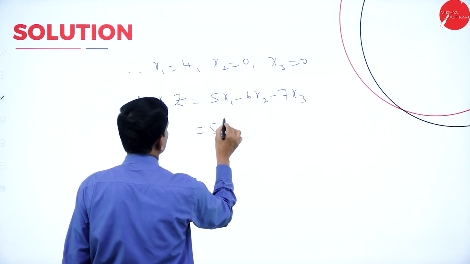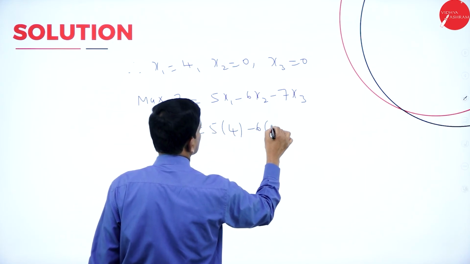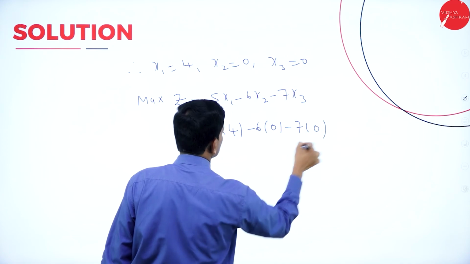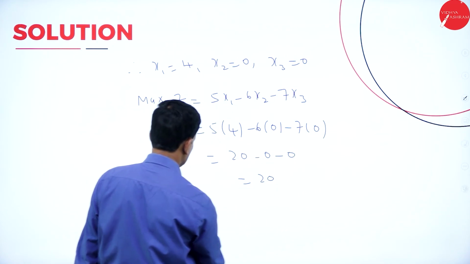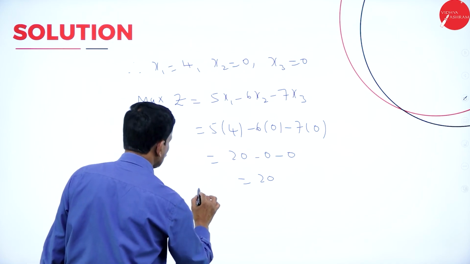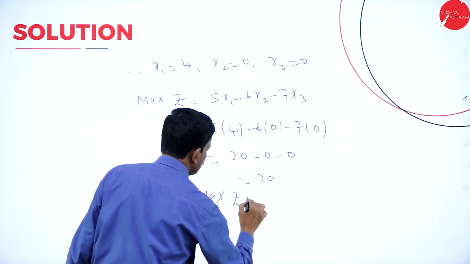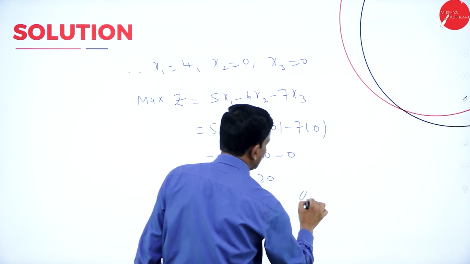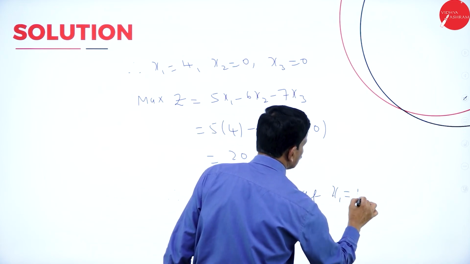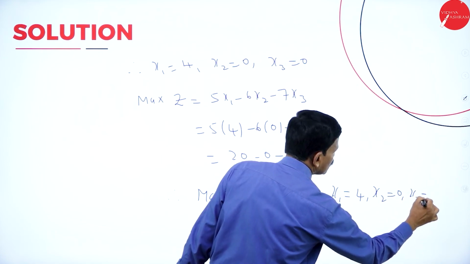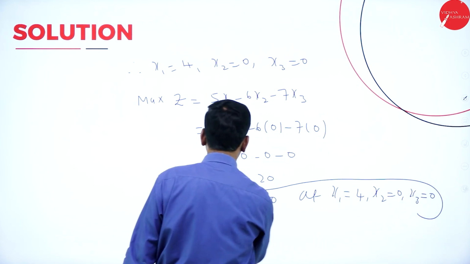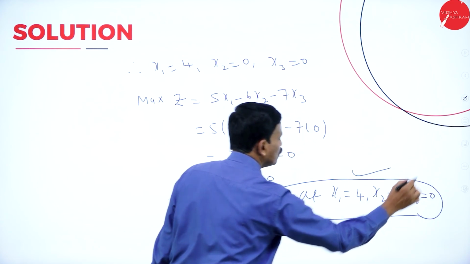Substitute here. 5 into x1 is 4 minus 6 into 0 minus 7 into 0. 20 minus 0 minus 0 is equal to 20. So therefore maximum z is equal to 20 at x1 is equal to 4, x2 is equal to 0 and x3 is equal to 0. This is the required solution.